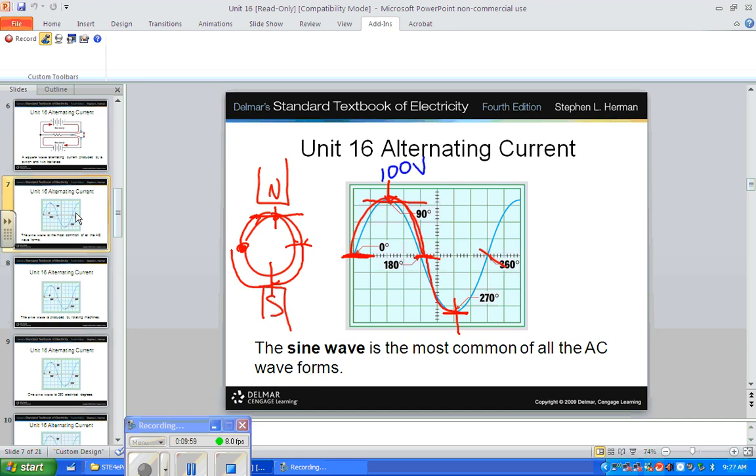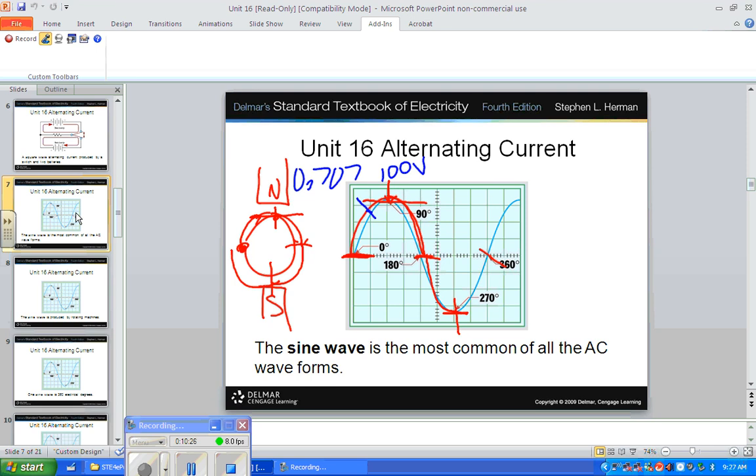So if we have 100 volts there, let's come up to 45 degrees. 45 degrees is right about here, right? Everybody agree with that? What is the sine of 45 degrees? 0.707, that's correct. So we would expect that if this is 100 volts, what voltage would we see right here? 70.7 volts.